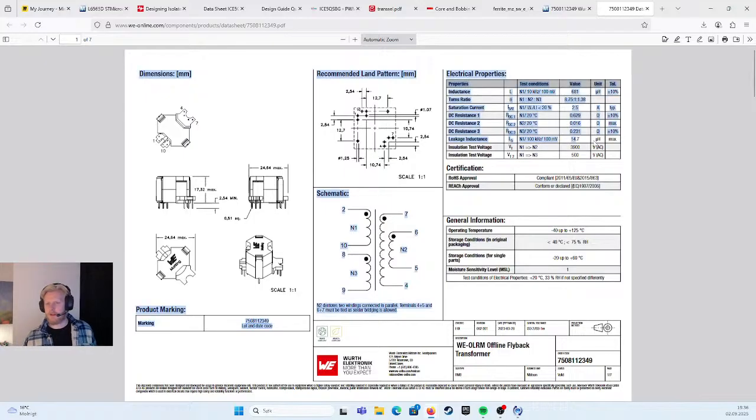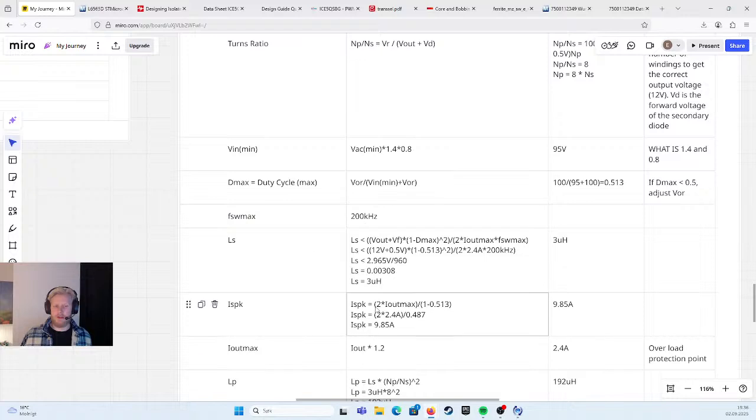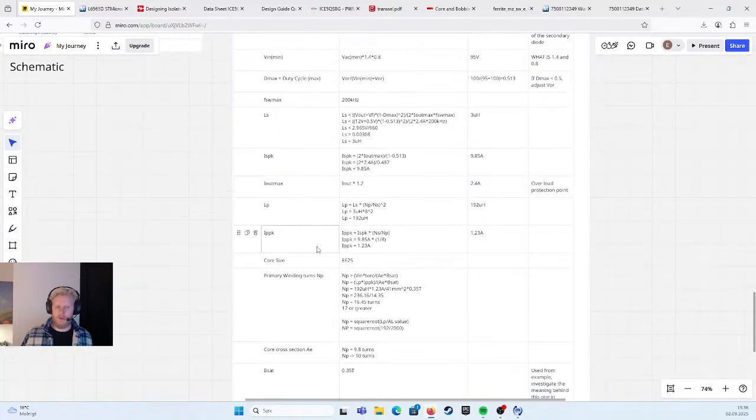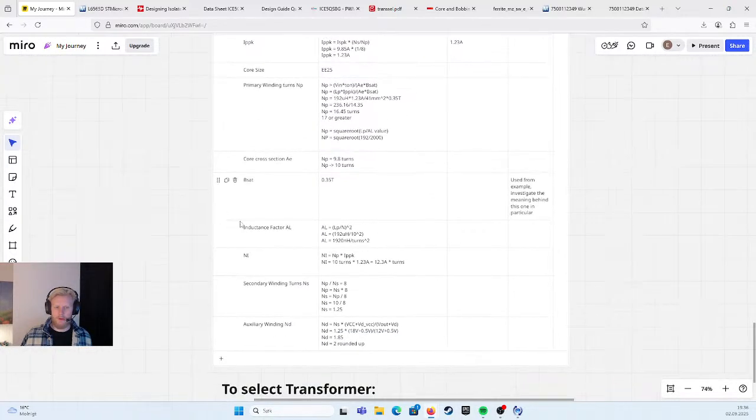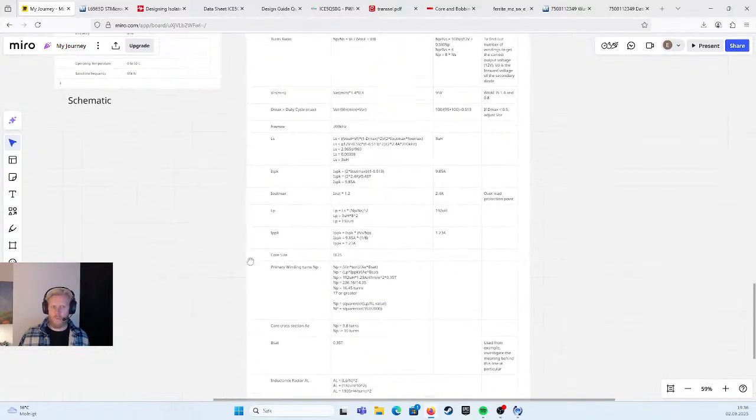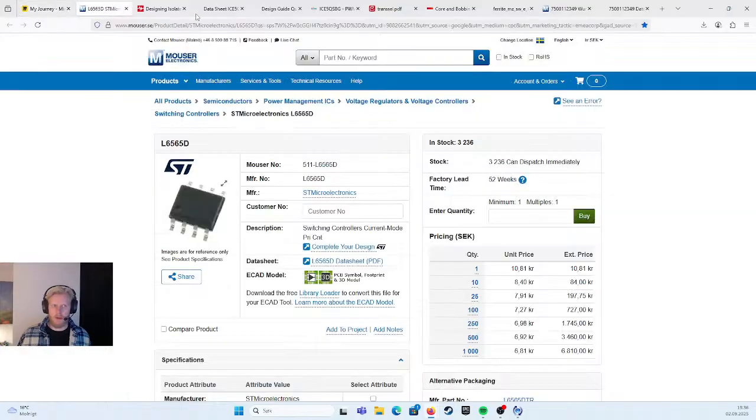Leakage inductance is 14.7 microhenry. Which, yes, is also good to know. Inductance factor. Yep.